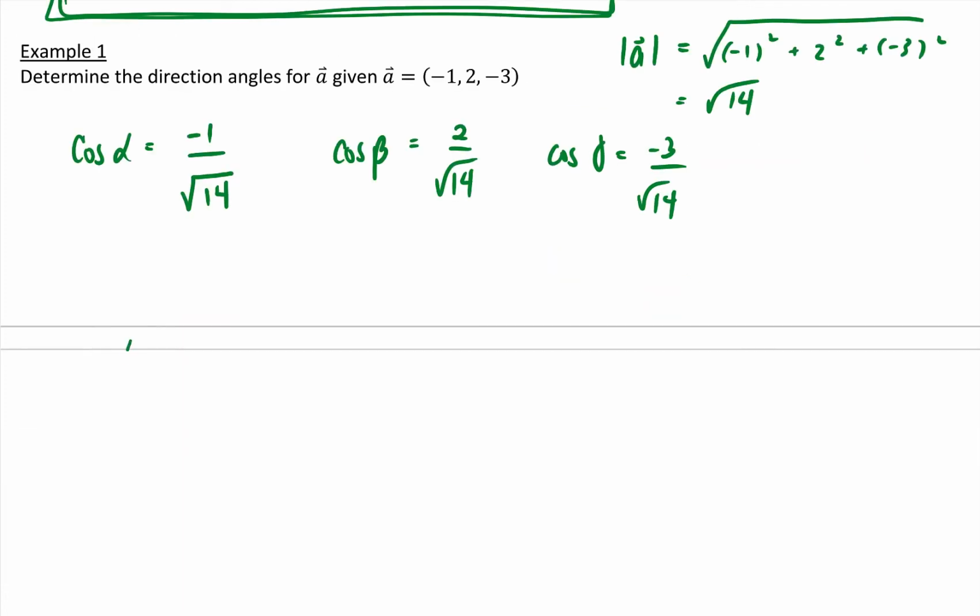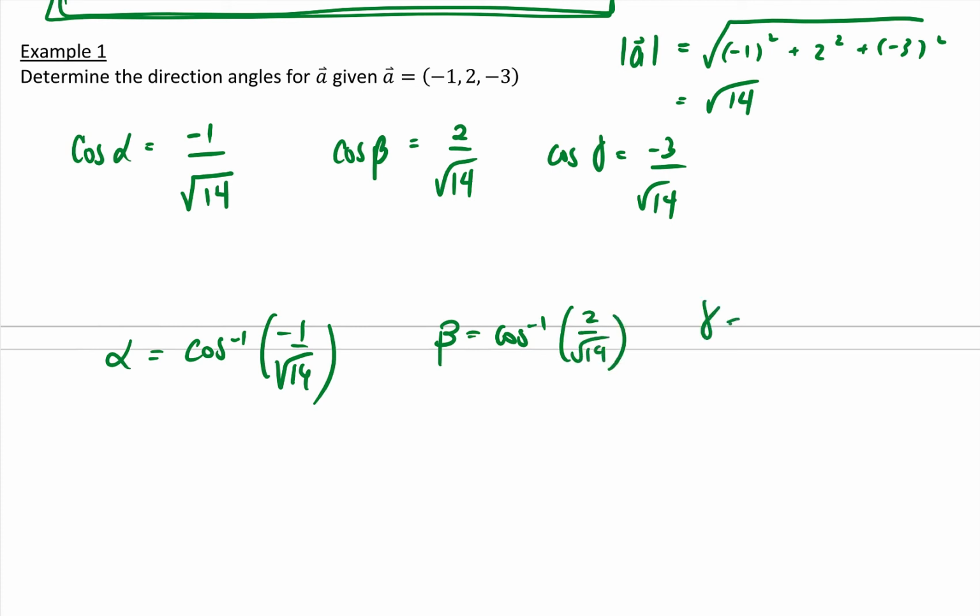To determine our angles, alpha is equal to the cos inverse of negative 1 over root 14. Beta is the cos inverse of 2 over root 14. And gamma is the cos inverse of negative 3 over root 14.